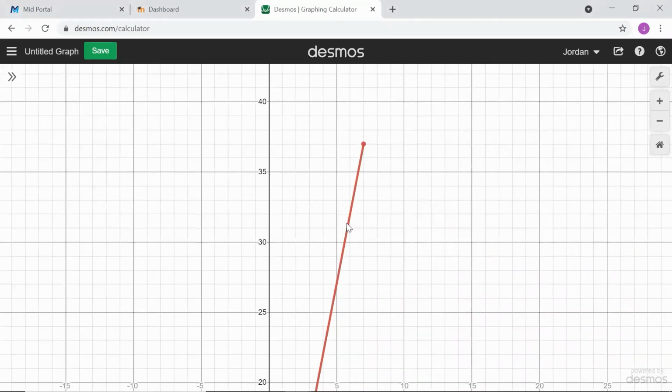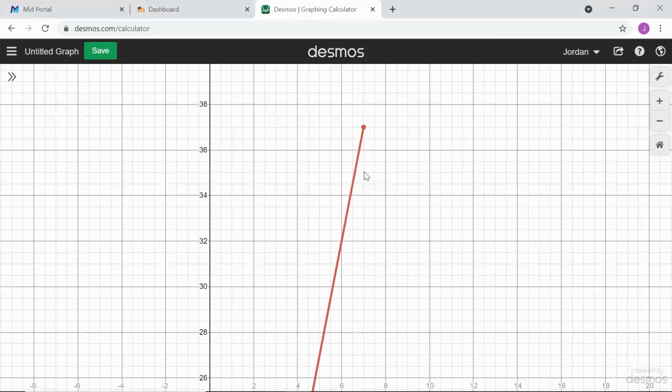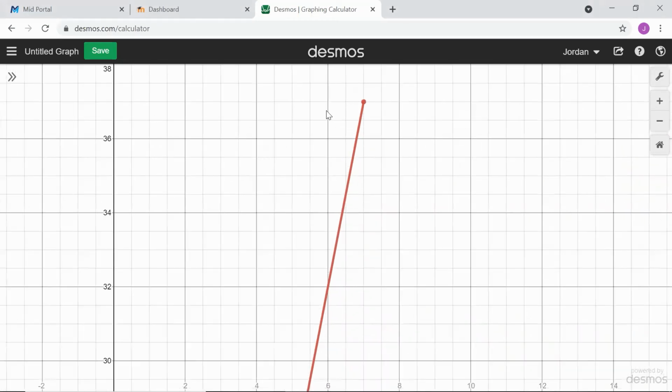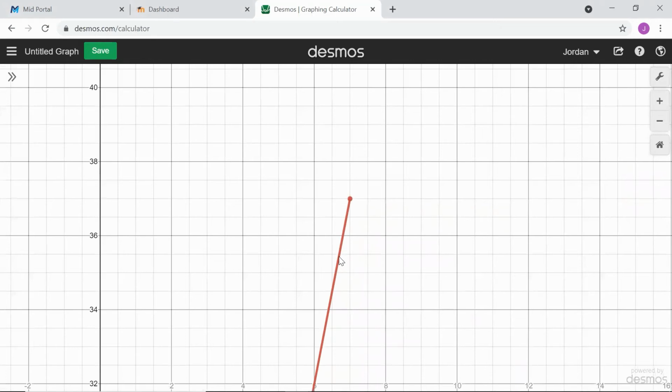Well, it means that I'm going from left to right on this graph. 7 is right here, might be hard to see, but as I get closer and closer to this number 7, I'm approaching this point, which is the point (7, 37). And so you can see that as my x value approaches 7, my y value approaches 37.